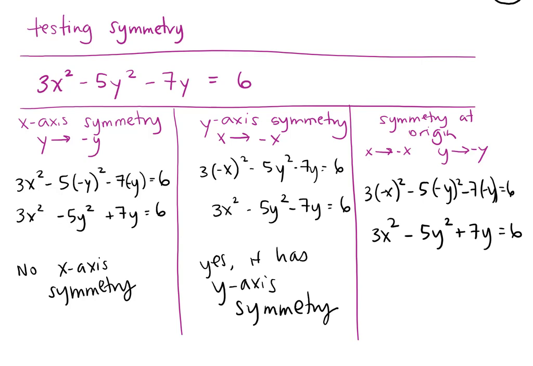And so it's the same in most of the places. Once again, it's not the same here. So you're going to say no symmetry at the origin. You have to make sure to test each part of your equation against the original equation and see where those differences lie, or if it's exactly the same.